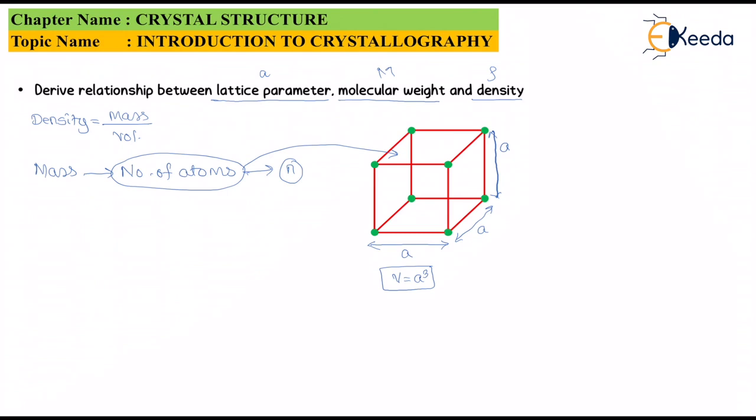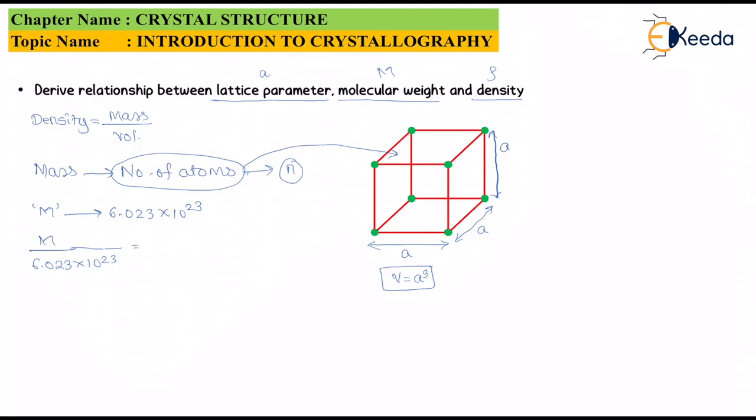Now, we know that if I take M gram samples of any compound, it would contain 6.023 times 10 to the power 23 atoms. Now, I want to find the weight of one atom. So, of course, it would be M divided by 6.023 times 10 to the power 23.